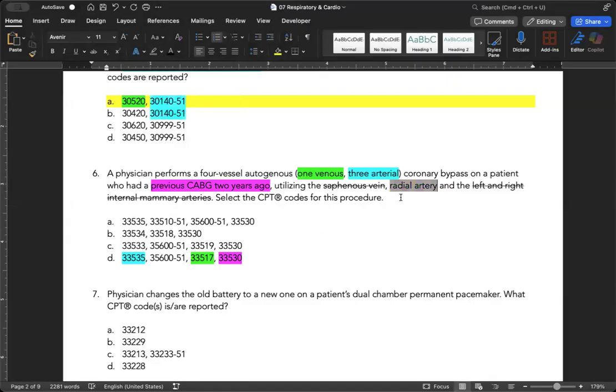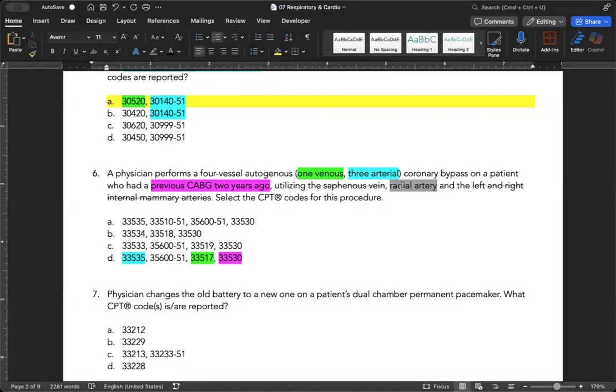So our radial artery can be coded separately. And then your guideline continues on to say that to report the harvesting of an upper extremity artery, which is our radial artery, we can use either 33509 or 35600. 33509 is an endoscopic harvesting of upper extremity artery, one segment for coronary artery bypass procedure.